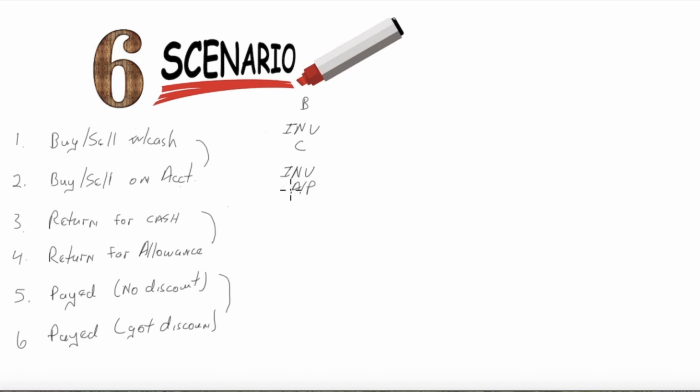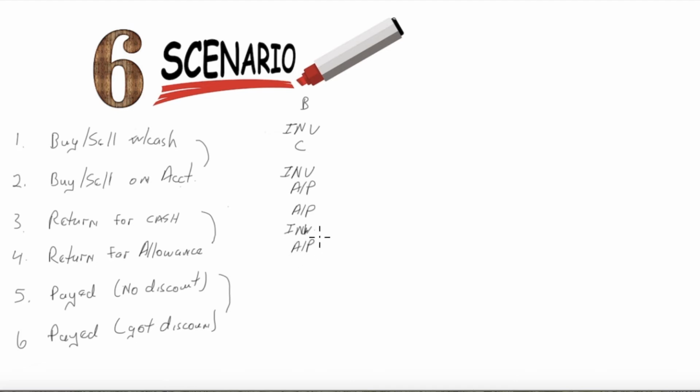Return for cash. Now you purchased these either with cash or on account. So if we're going to return something, it'd be accounts payable and inventory. So now our inventory is going down if we're looking at just being the buyer. Return for allowance or credit, so it would be accounts payable as well.